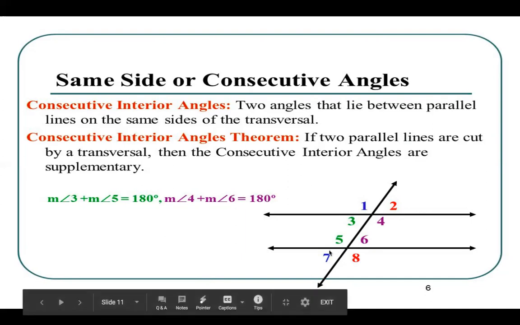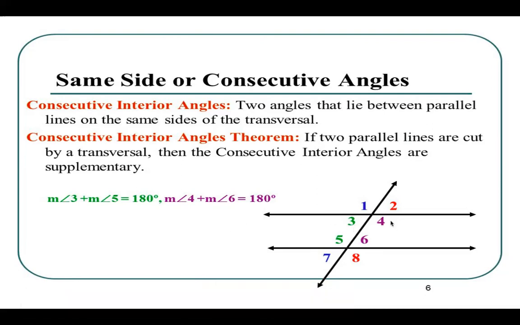The best way to prove that, or to understand it, is to draw the parallel lines and cut with the transversal. Take these two angles, cut that piece and join it. It will form a straight line.